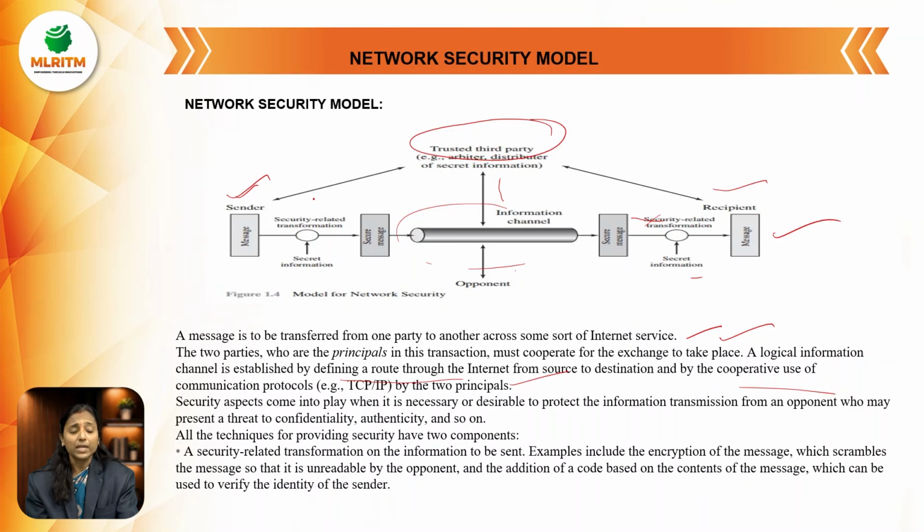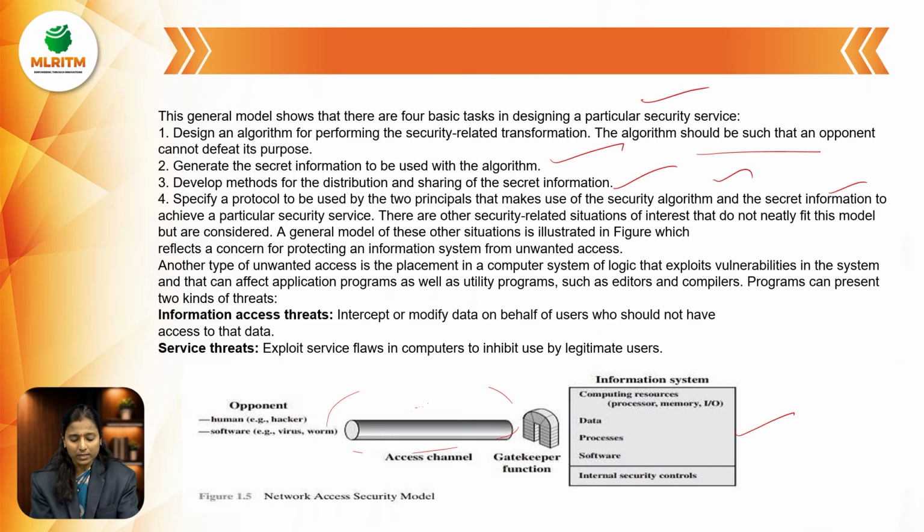This is the network security model. This is how the information threat can be used and how unwanted access can be placed in the computer system, that may be in the form of logic or different application programs. Here, when the program is sending, it can present two kinds of threats.